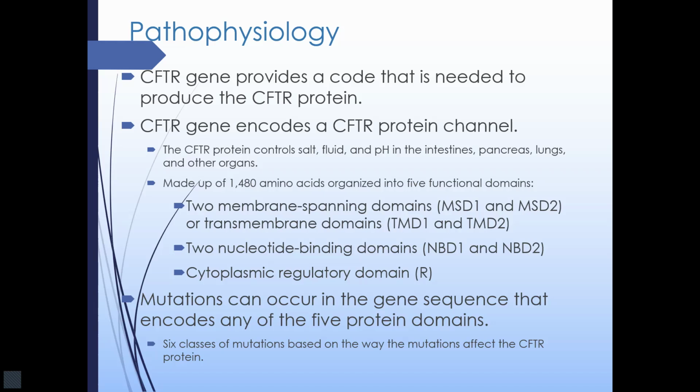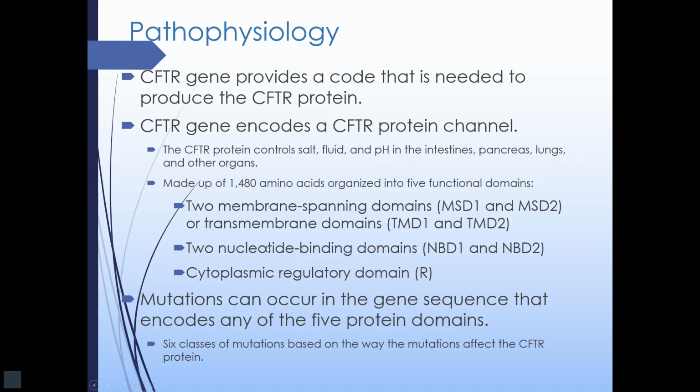Chloride and water and sodium follow each other on gradients so that the body remains in balance, doesn't get too dehydrated, doesn't get overhydrated. The CFTR protein then controls salt, fluid, and pH in the intestines, pancreas, and lungs and other organs to make sure that the body's balanced.